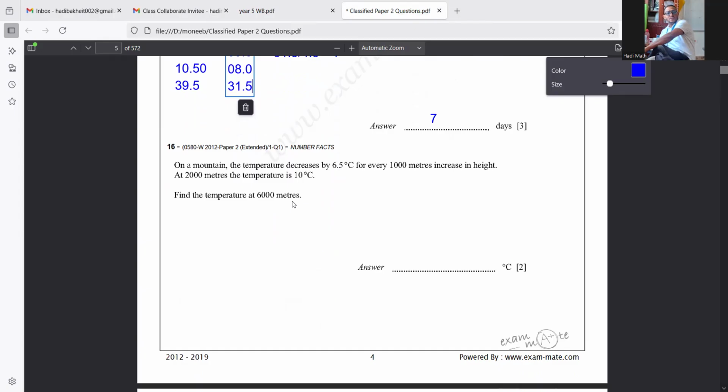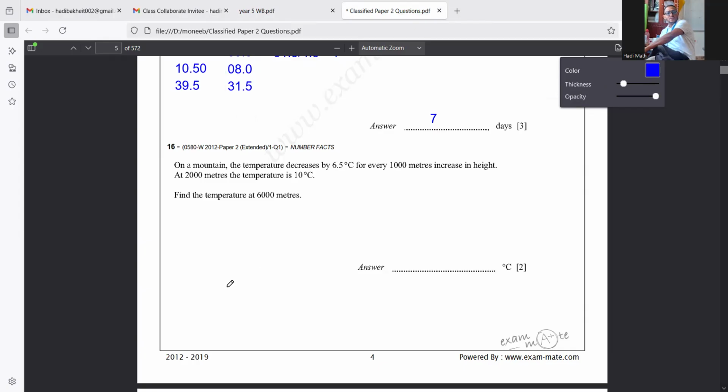Okay, so the temperature decreases whenever you go higher. Decreases by 6.5 for every 1,000 meters. We say at 2,000 meters, it was 10.